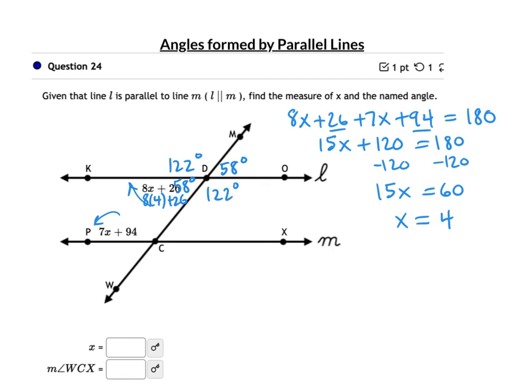So I've got two vertical angles that are 122. Alternate interior angles, this is 122. Alternate interior angles, this is 58. Vertical angles, I got a 58 there and a 122 there. So x is 4. And WCX is 122.